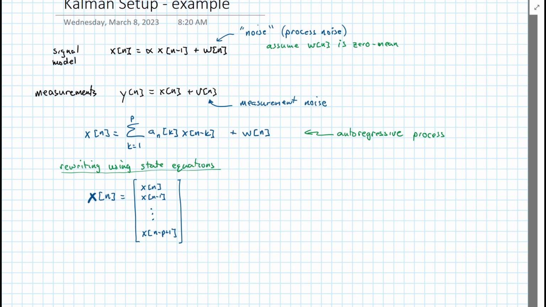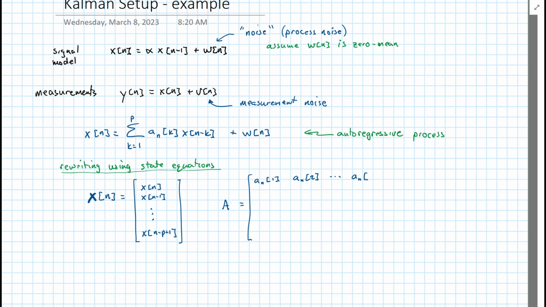Then we need to come up with a transition matrix. So our A is going to be such that x of n is going to be the sum of all the previous x's. So that will be a1, we started our numbering with 1, a2 up to ap.